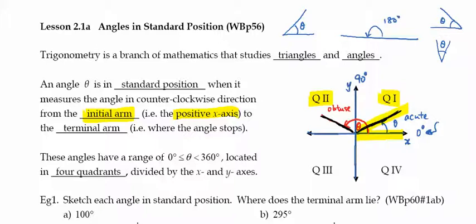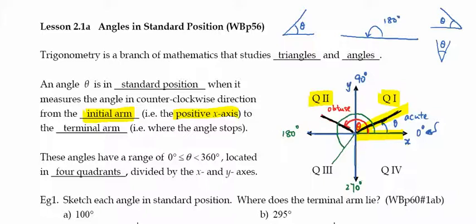Your angle may go beyond 180 degrees. I may have an angle that measures from 0 degrees all the way to the third quadrant, and that means this angle will be bigger than 180 degrees. But if this terminal arm stops in this quadrant, you will see your angle less than 270.